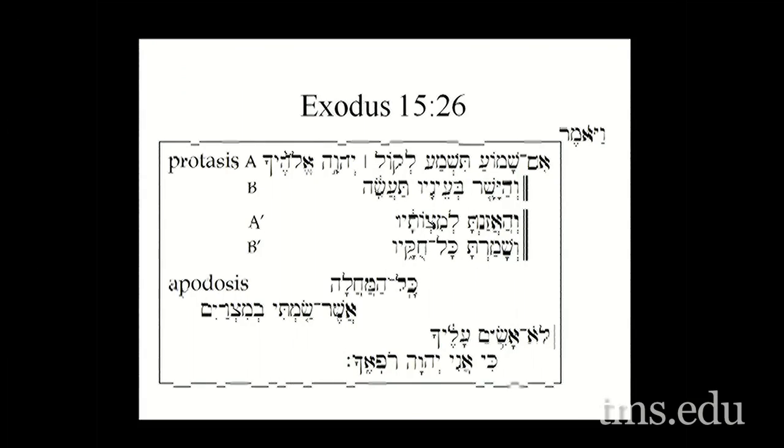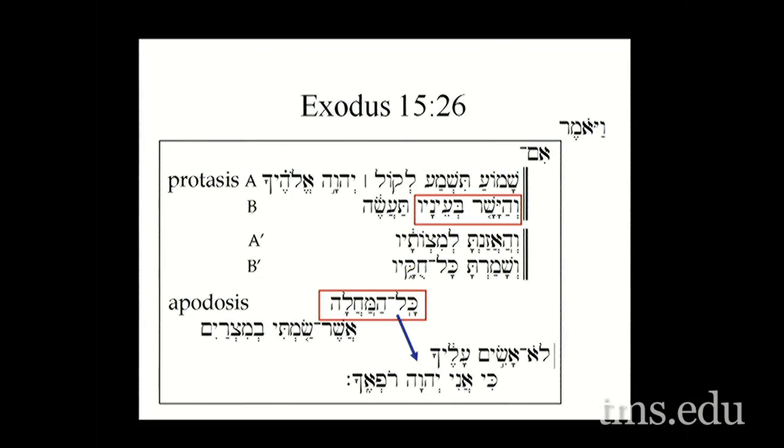Direct discourse is normally placed within a discourse box, a dialogue box. Direct objects, if they come in their normal position, just leave them there in their normal position on the same line with the verb. We had an example here in Exodus 15:26 where we had to take the direct object and it was placed above, if you remember right, and we tried to show that by means of an arrow, so that as we're looking at this, this is the direct object of this verb, and it's not on the same line because of the word order.